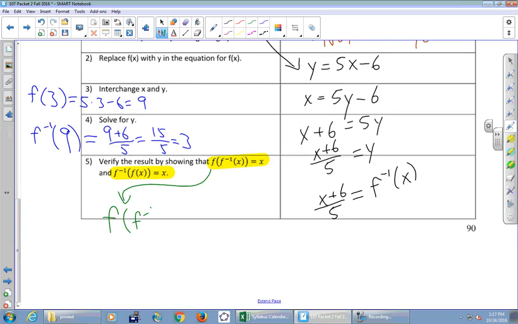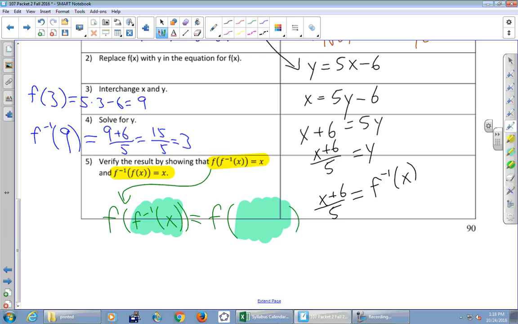F of f inverse of x equals. Which function are we applying first? F inverse, which is the inside one, which means which letter are we copying for later? F. So f and then big parentheses. And so inside of those big parentheses, I see f inverse, so I better put something in here that is exactly equal to f inverse.